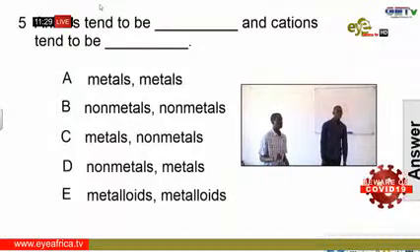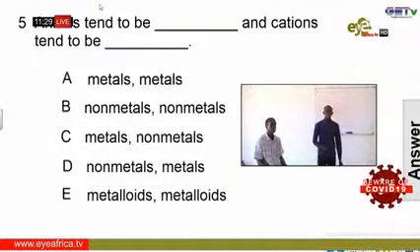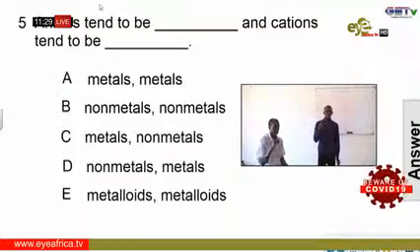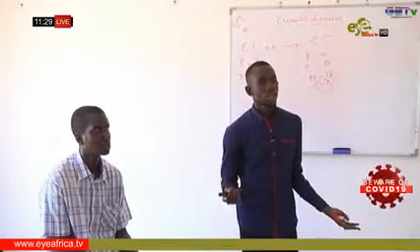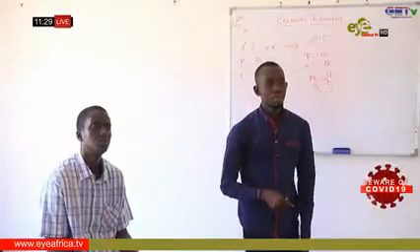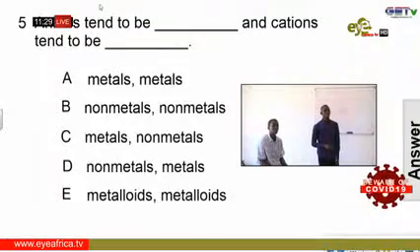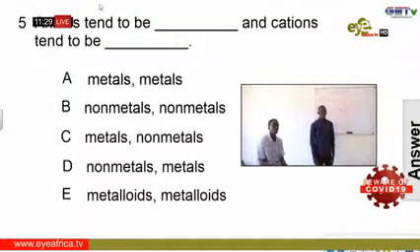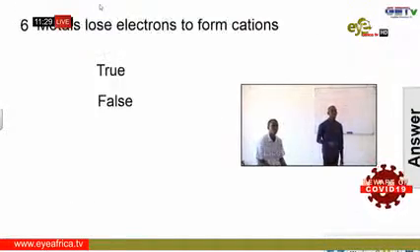And E, metalloids and metalloids. Now we know anions are non-metals, while cations are from the metals. Which means our correct option here is going to be letter D, which means anions tend to be non-metals, while cations will tend to be metals.